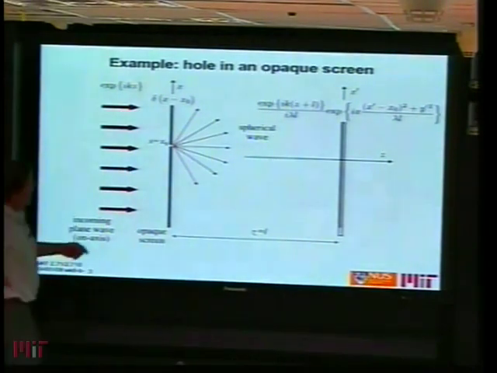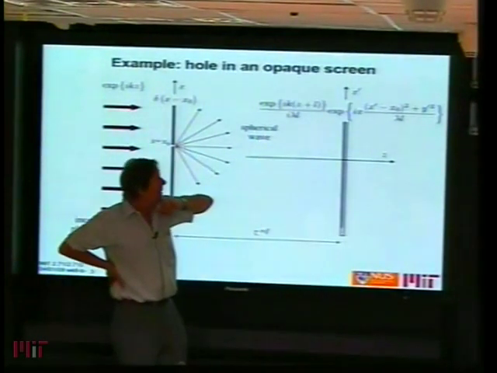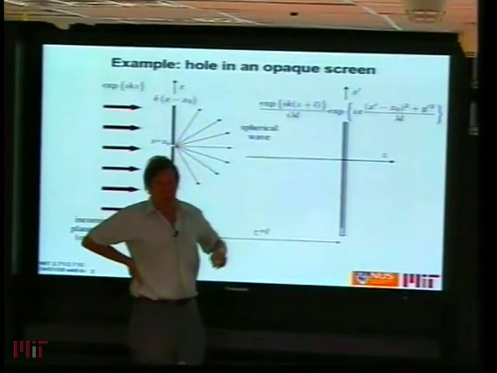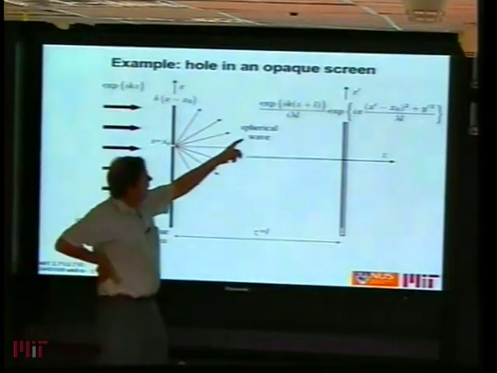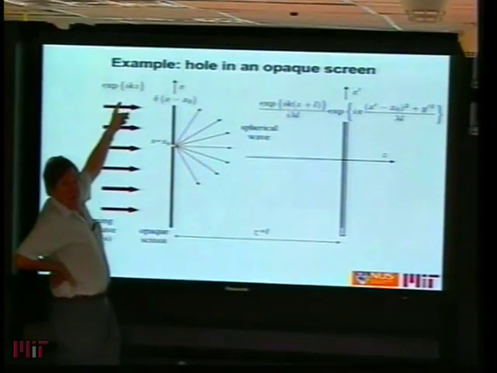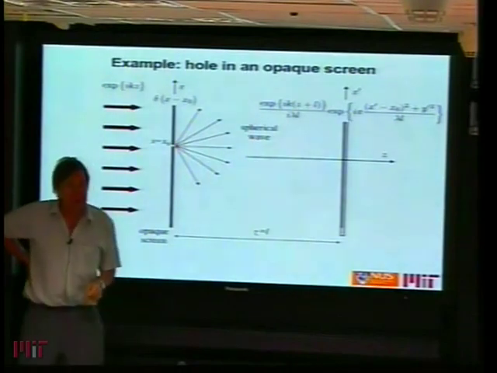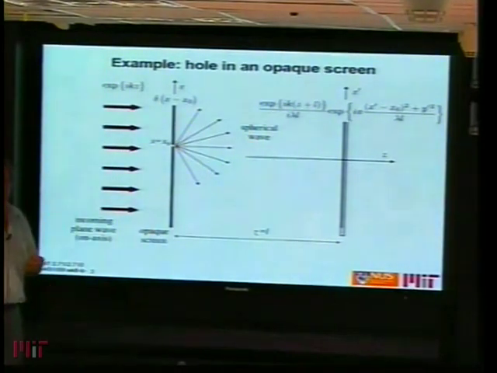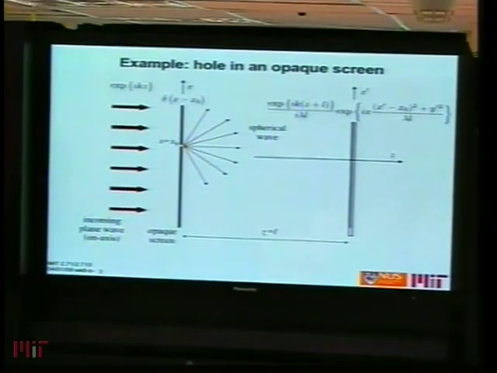I'll just mention again this i that someone from MIT asked about earlier. So that i at the bottom is saying that this spherical wave is actually 90 degrees out of phase with the wave that arrives at this point. So that's quite interesting. You can think of it being like a resonance sort of effect, I think.